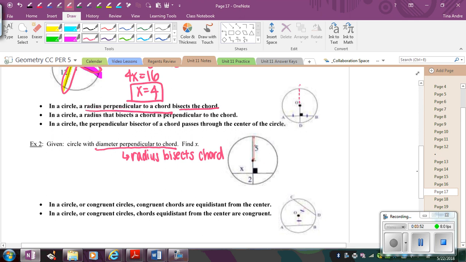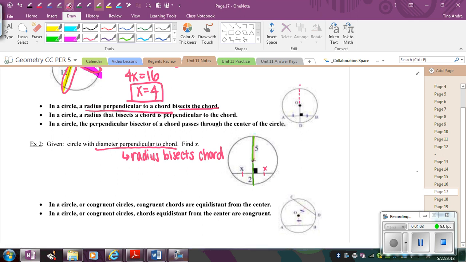If the diameter or the radius is perpendicular to this chord, these two parts have to be equal. Another thing to pay attention to for these problems is to look for your radii. I have a radius right here.